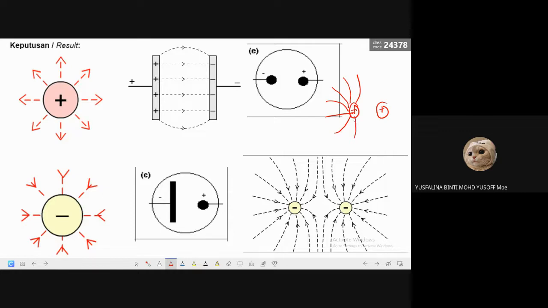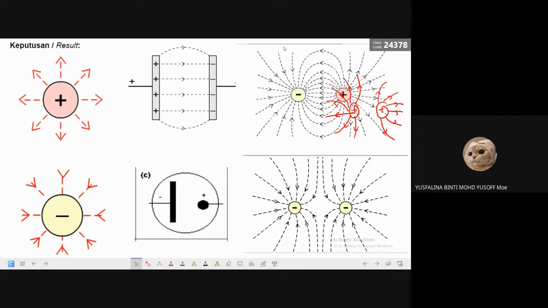Positive means going out, like this, and also the same like this. Only the direction is different, but the way to draw is the same. All right, and for this one, they have a different charge.